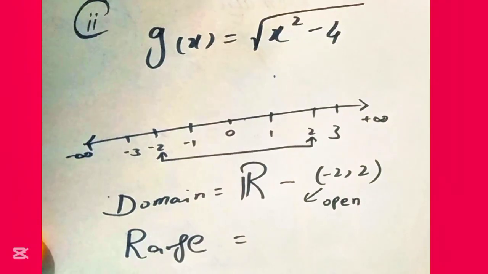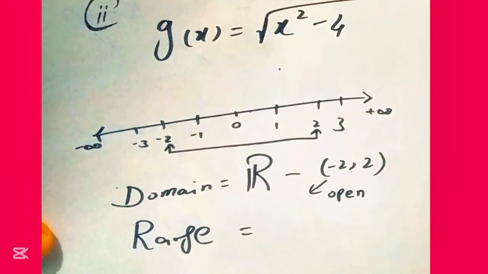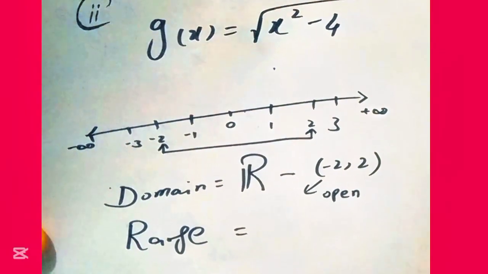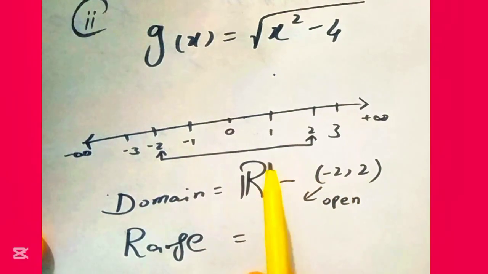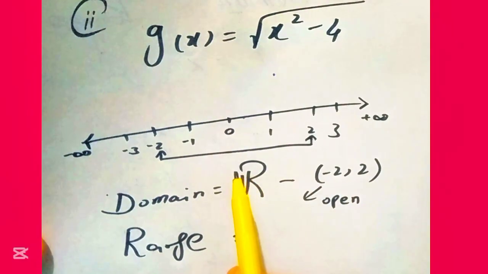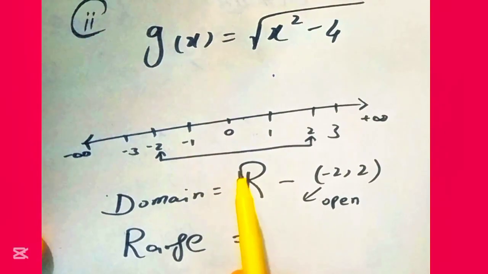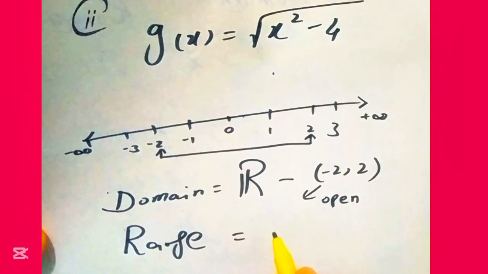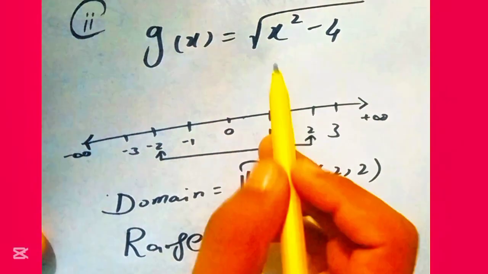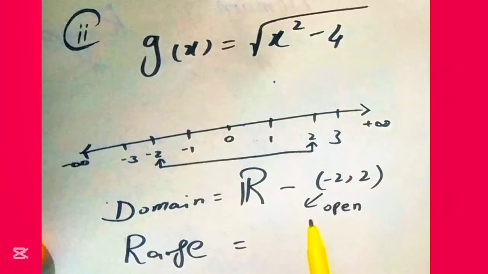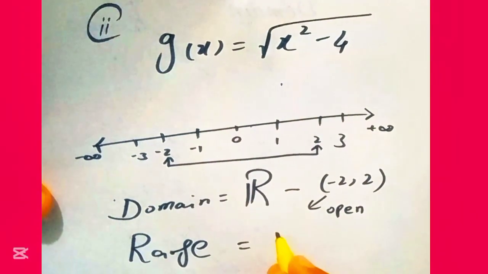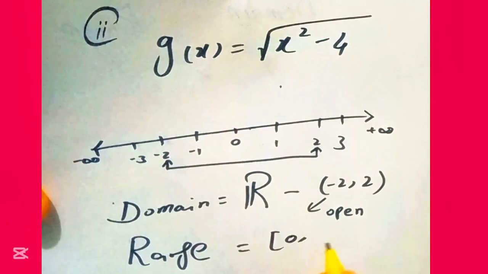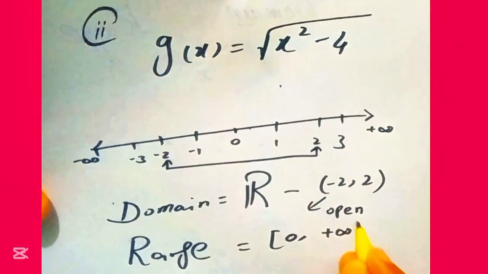We know that minus 2 and 2 are included in the real numbers. So we know that our answer starts from 0, so our range becomes from 0 to plus infinity.